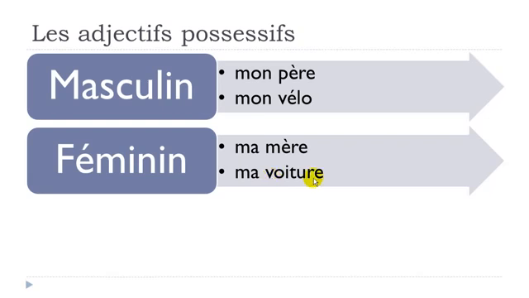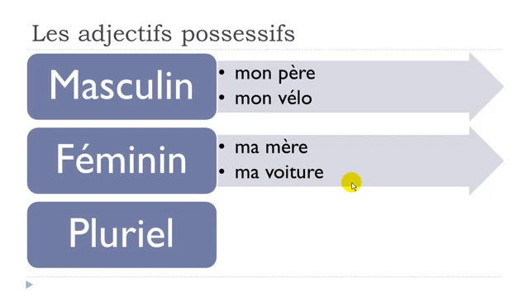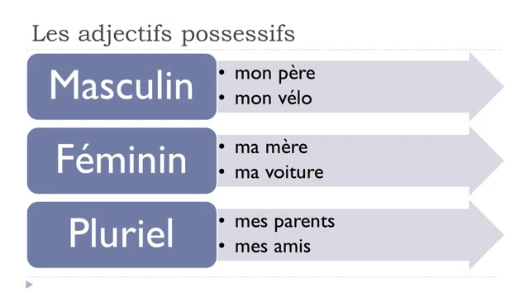Okay, and let's see now for the plural. So parents, mes parents, because it's the plural form here. Mes parents, and then amis, friends. It's the plural form, so it's mes amis, and then let's be purist and make this beautiful liaison between these two words. Mes amis.